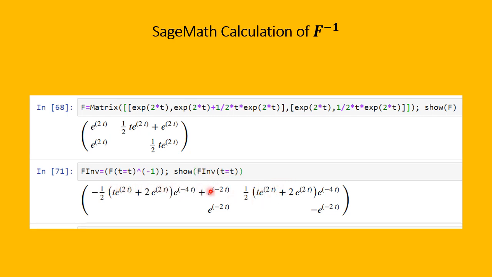The first entry in the first row is this stuff. The second entry in the first row is this stuff. The second row, first entry is this, and the second entry is this. This is the inverse of F. There's nothing more to say about it except that it looks kind of complicated.